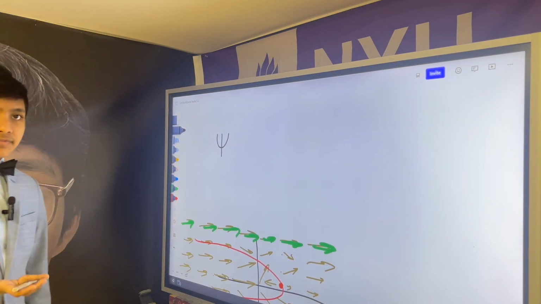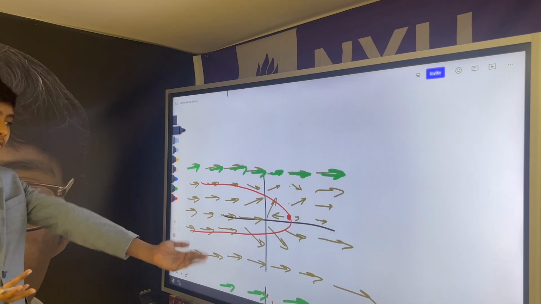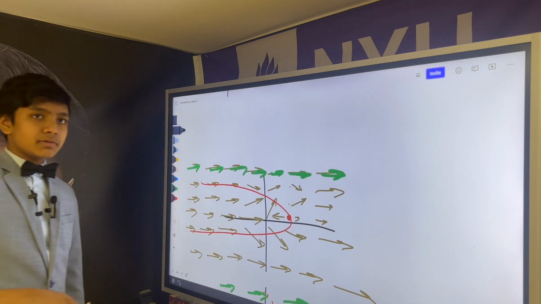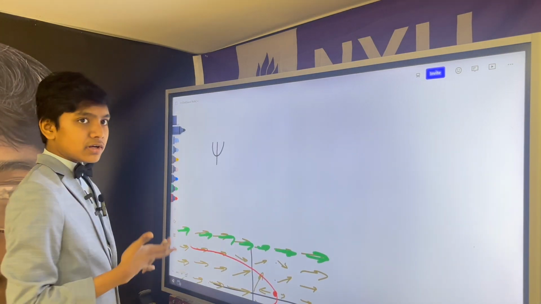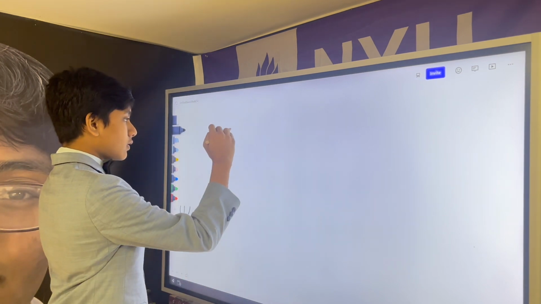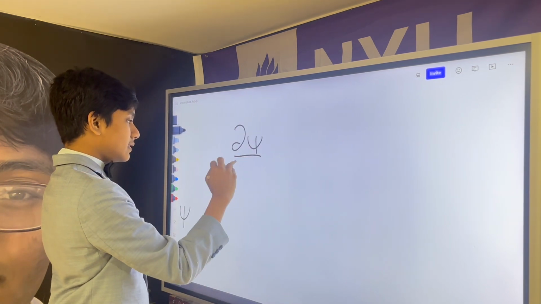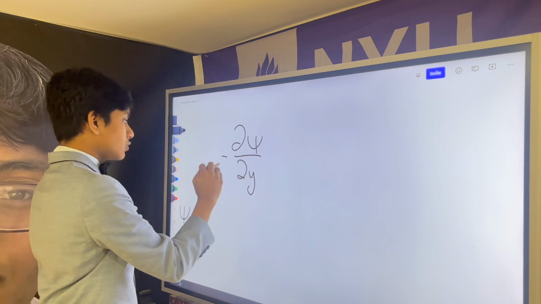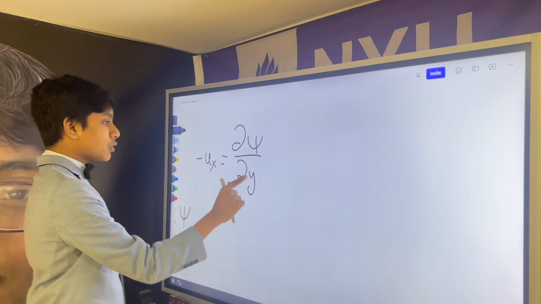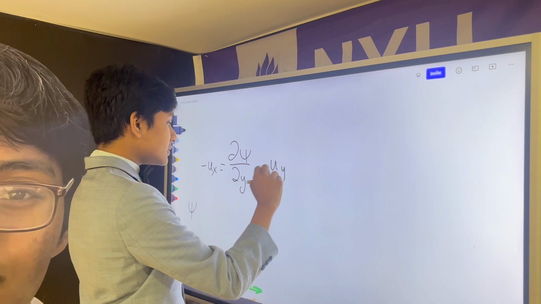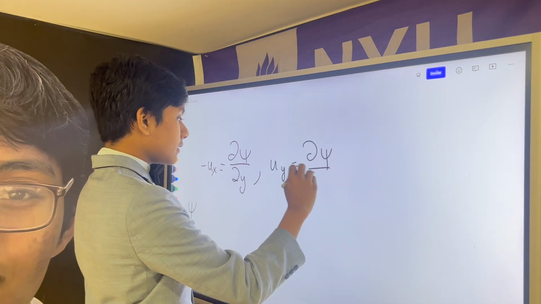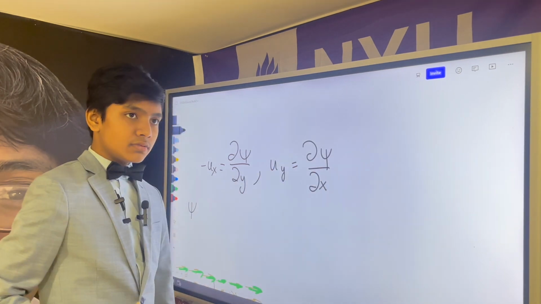The level sets of the stream function, the level curves, are what give us these streamlines. Now, the stream function is pretty simple. This is equal to minus the x component of u, and this is equal to the y component of u.